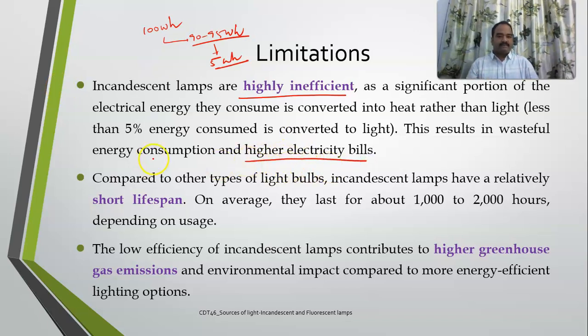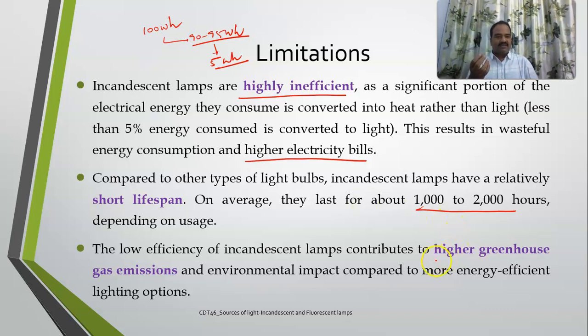This will lead to high electricity bills. The second thing is they have a very short lifespan. On average, they last about 1000 to 2000 hours. And more importantly, because of their low efficiency, you are supposed to consume more energy, isn't it? If you are consuming more energy, the energy is coming from coal-based plants most of the time, right?